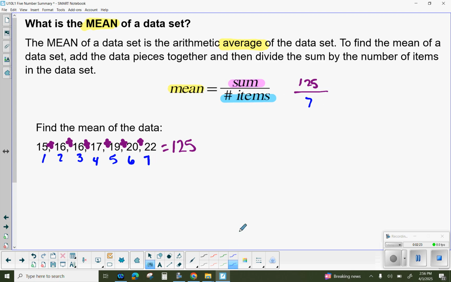So that number is going to go on the bottom. You plug that into your calculator, and the number you get is called the mean or the average. So we get about 17.86. This number would be the mean of the set of data. That is one way to represent that group of numbers to estimate where the middle is.